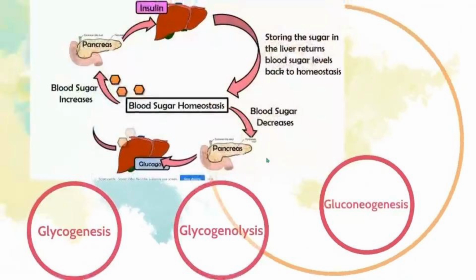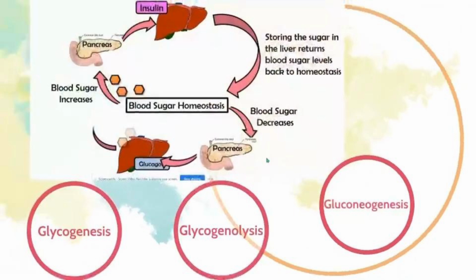Again, if we haven't eaten for a long time, then if the blood glucose levels get too low, then glucagon will be released, and this will allow for the release of glucose from storage molecules either via glycogenolysis or through gluconeogenesis.